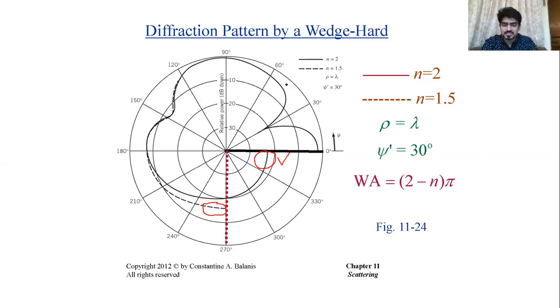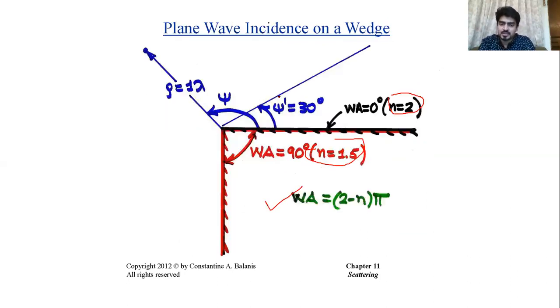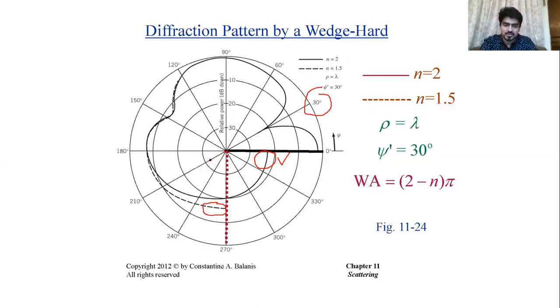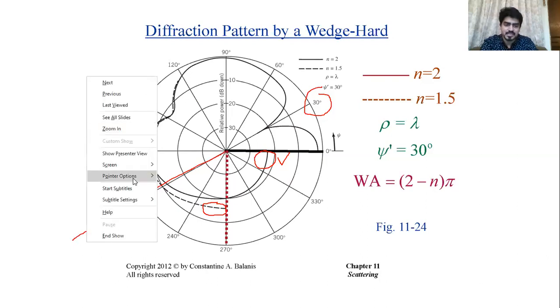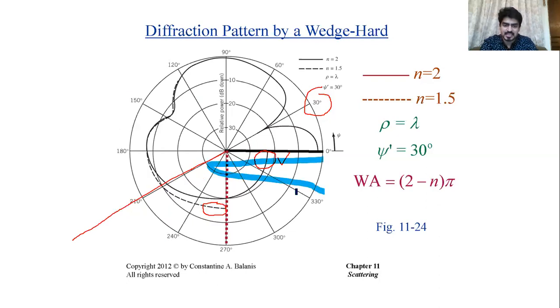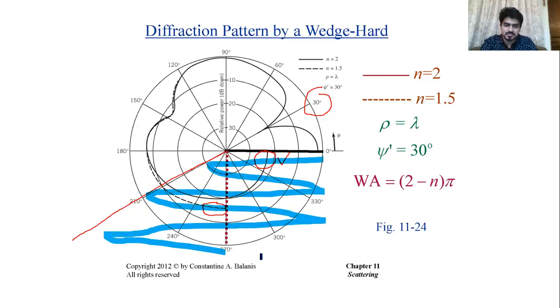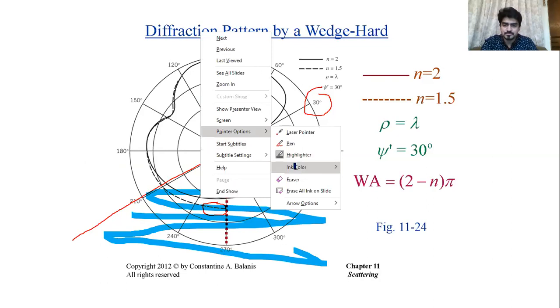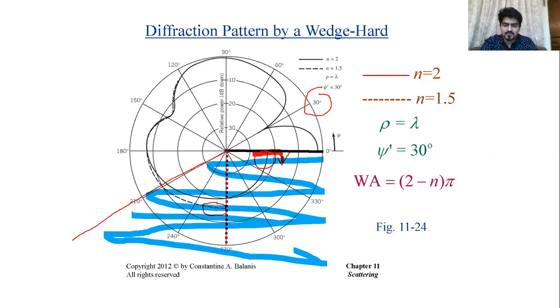So your source is somewhere here, right, at 30 degrees. So if you go back, the source is at 30 degrees. That means that you will have a shadow region like this. This is your entire shadow region for the half plane. Let me use the highlighter. So this entire region is a shadow region, right? In the shadow region, you can see that here you have a very high value for the half plane.